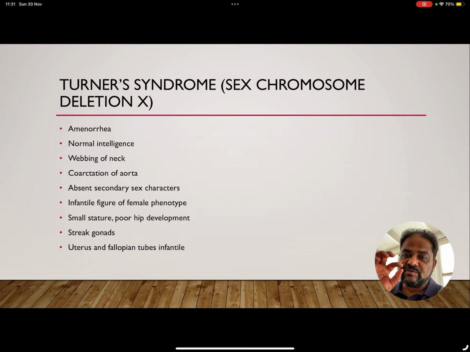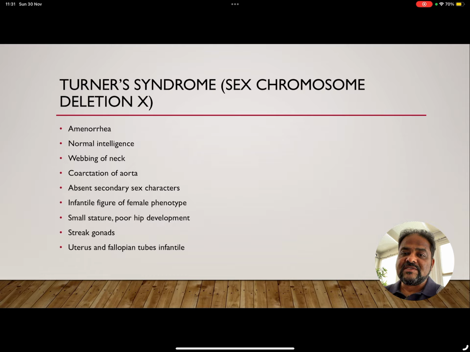The ovaries will appear like a streak of sclerotic tissue, and that's why they are referred to as streak ovaries. The commonest pattern is 45XO, but not always will all the features be present.